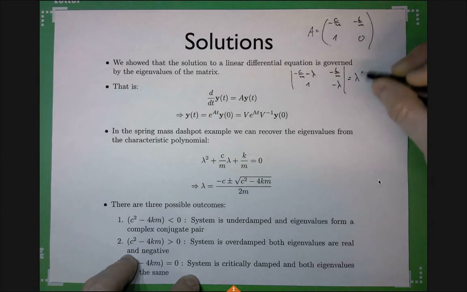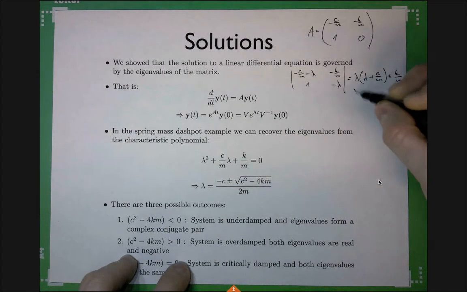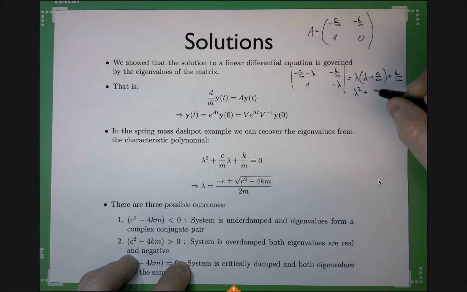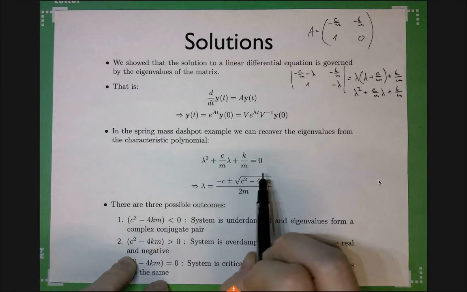Which, if I'm not mistaken, is this plus k divided by m. So all the minuses nicely cancelled, which leads to lambda squared plus c over m lambda plus k divided by m, and that equals 0. So this is my characteristic polynomial.